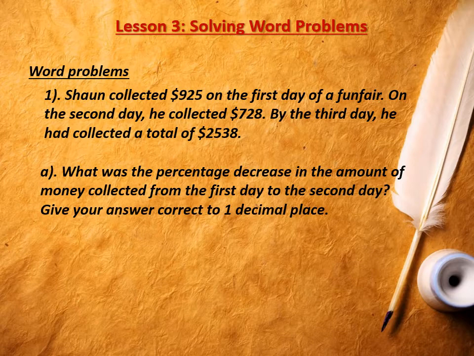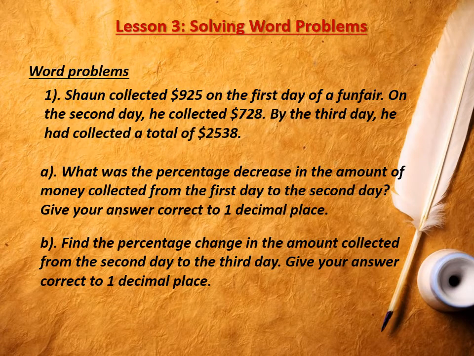Question A. What was the percentage decrease in the amount of money collected from the first day to the second day? Give your answer correct to one decimal place. Question B. Find the percentage change in the amount collected from the second day to the third day. Give your answer correct to one decimal place.